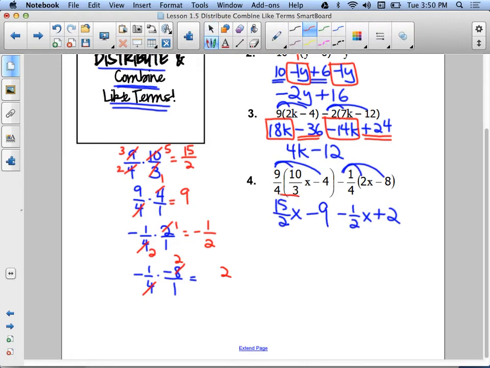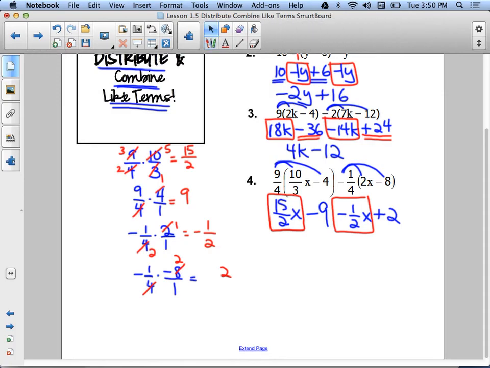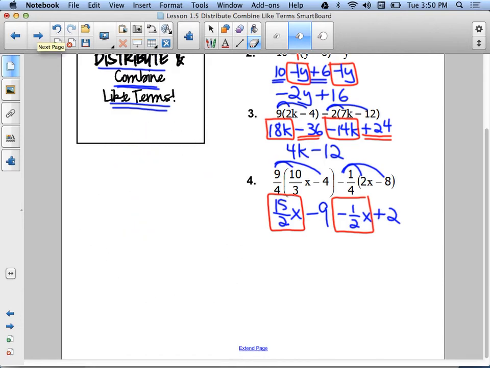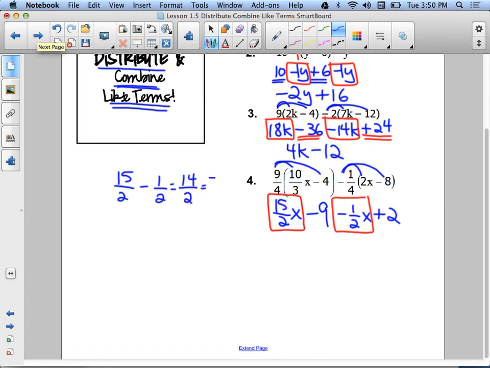So I have some x's here. I have 15 halves x minus 1/2 x. All right? So if I do 15 halves minus 1/2, again, I'll do some fractions down here. Let me erase this work here. 15 halves minus 1/2, that's 14 halves, right? 15 minus 1, 14 halves, which is the same as 7.